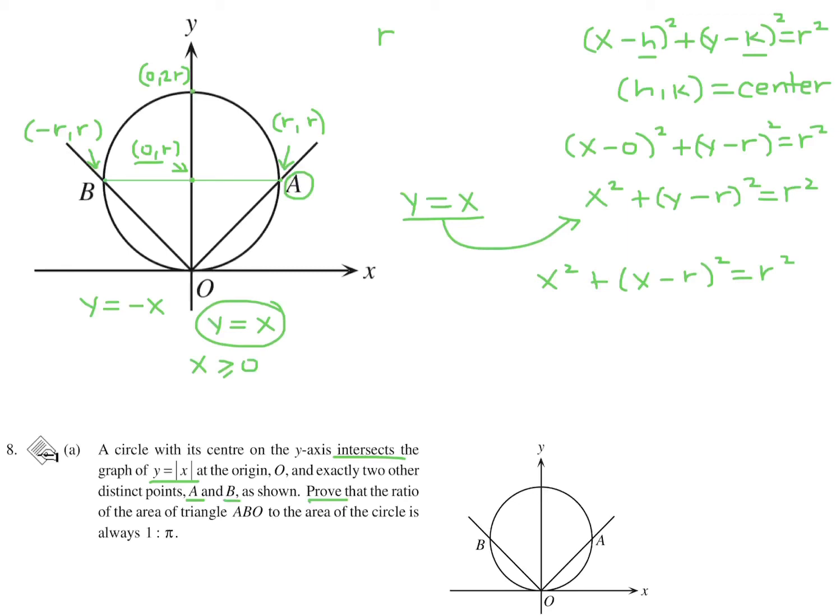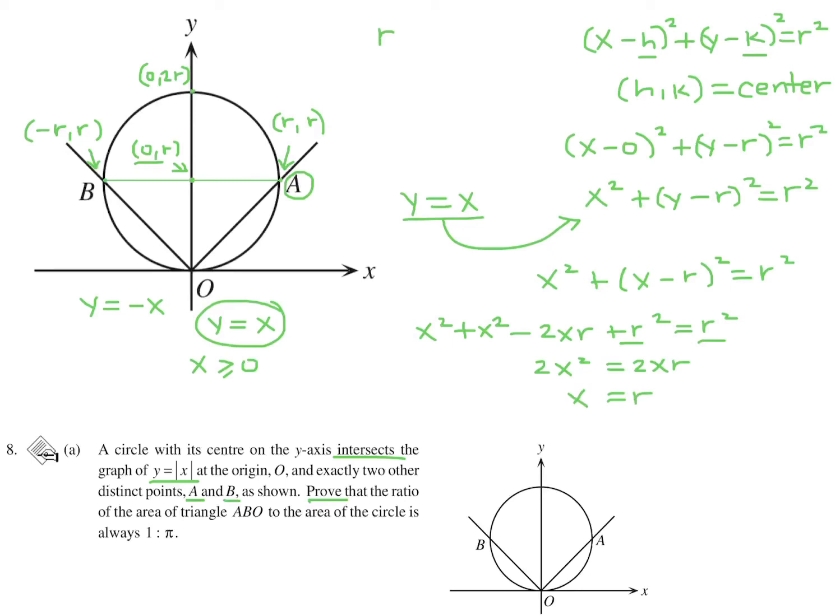And then we expand this, and you get x squared plus x squared minus 2xr plus r squared is equal to r squared. And it looks like the r squareds cancel. We get 2x squared, put the minus 2xr on the other side. And then this looks like 2 will cancel, and the x will cancel, and you're just left with x is equal to r.